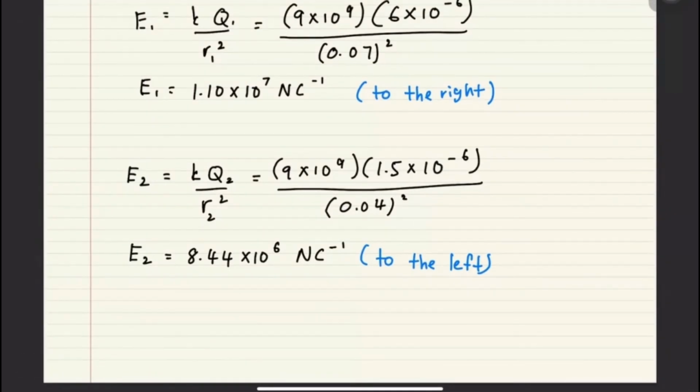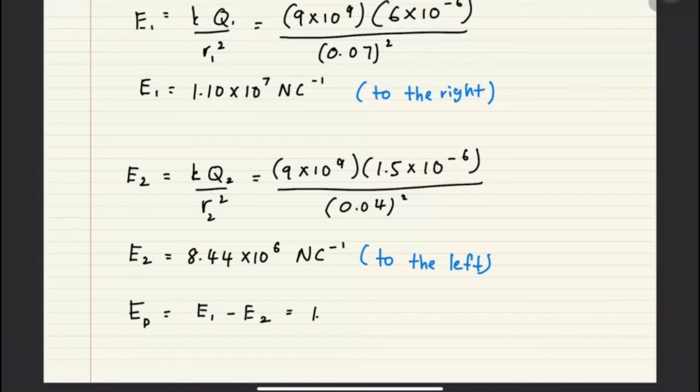So obviously, if you want to find the E net, E dekat point P sama dengan right minus left. So we assume that positive is to the right, negative is to the left, and if the final answer that we got is positive, it means that the final one would be to the right. If negative, it means it is to the left.